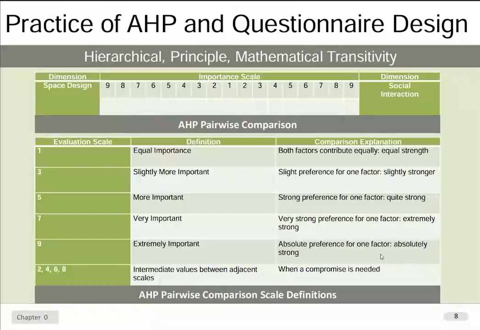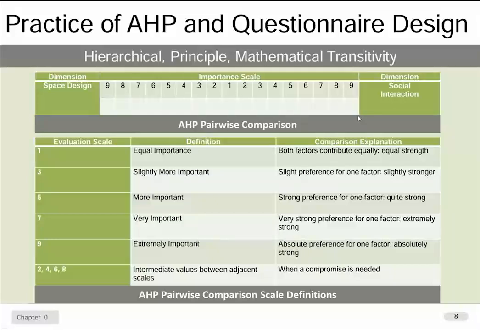Let's take a look. So here is the Saaty scale. We will have a 1 to 9 importance scale. And here is an example, okay? One indicator, one element, is space design, and another one is social interaction. So which one is more important? You have to compare that.